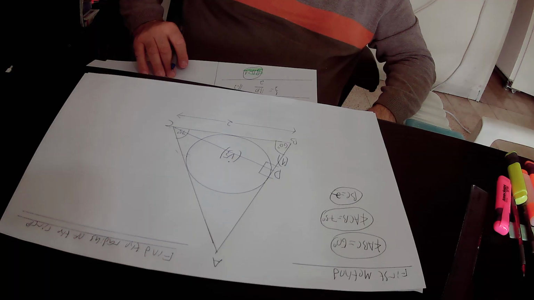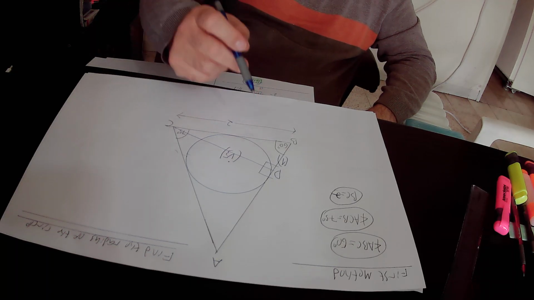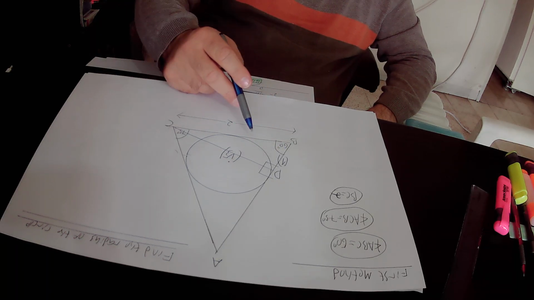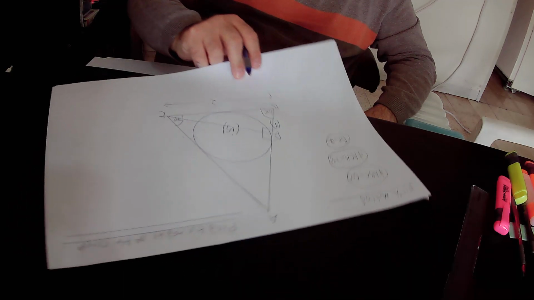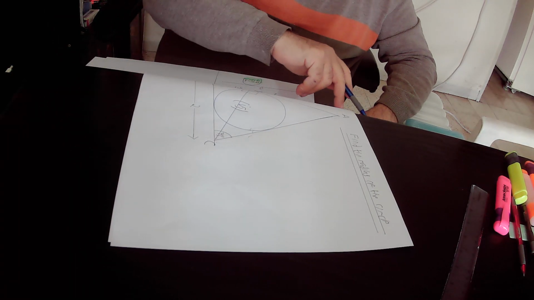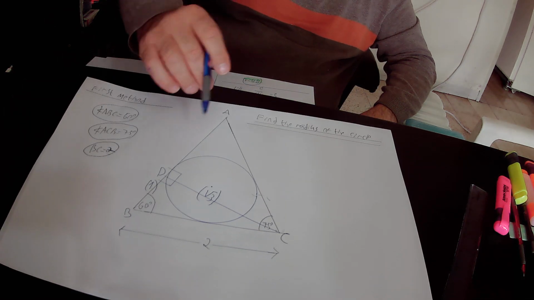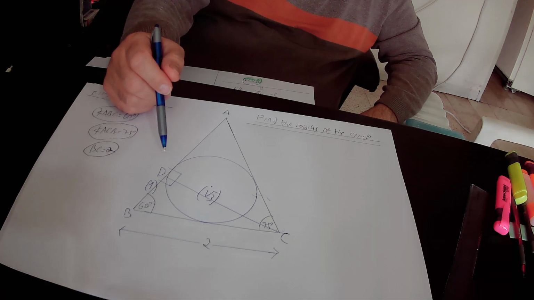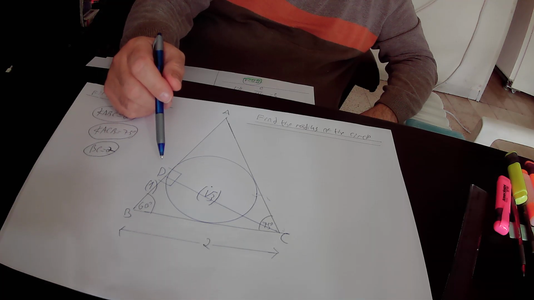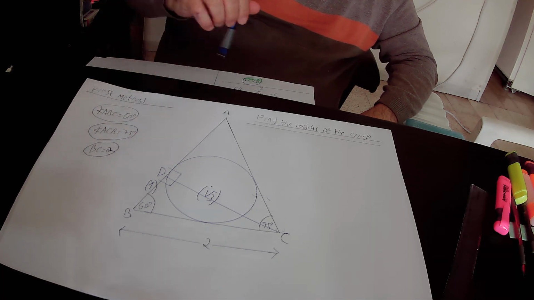So, in the right triangle DBC, the sum of the angles must be equal to 180 degrees. It's true in any triangle, and especially it is true in the right triangle DBC. So which angles do we have inside this right triangle DBC?